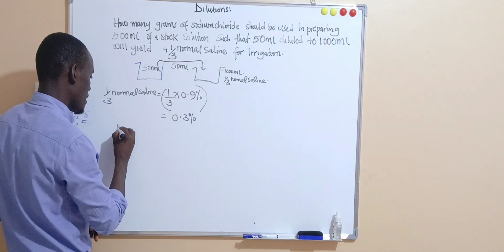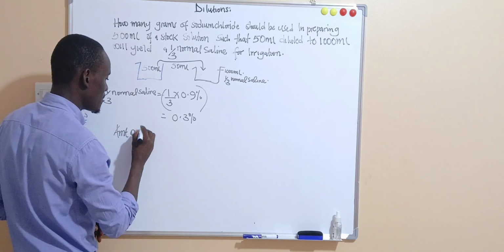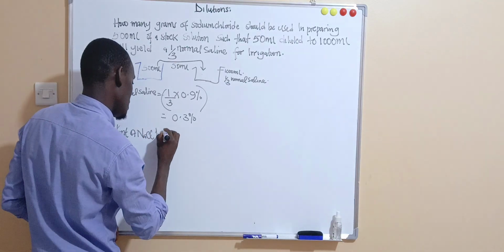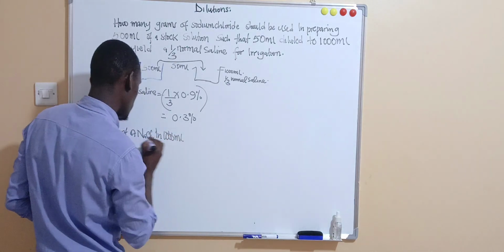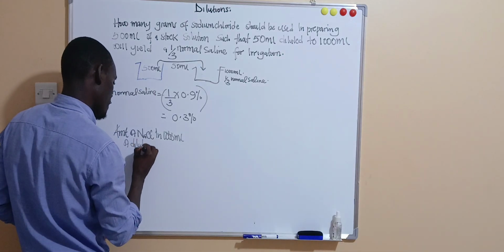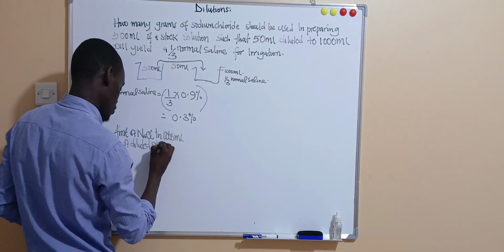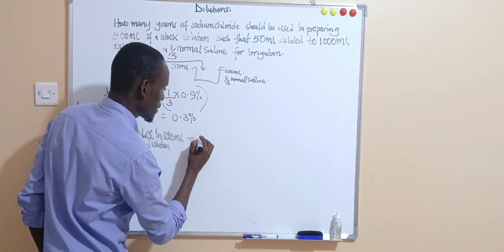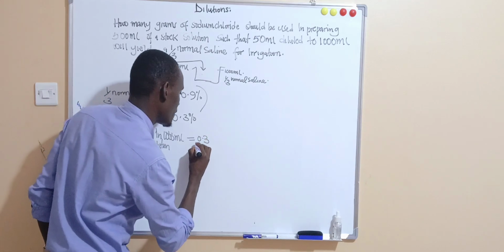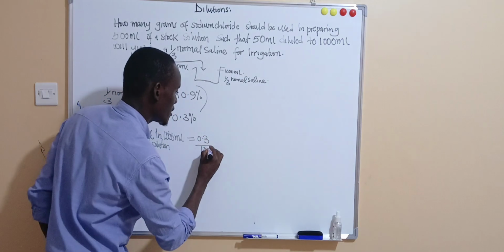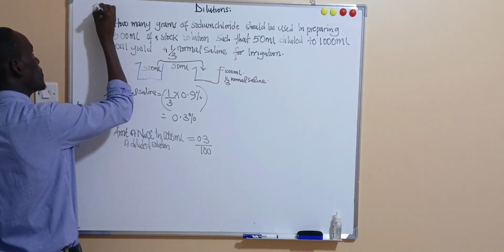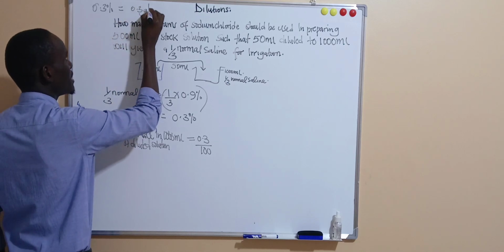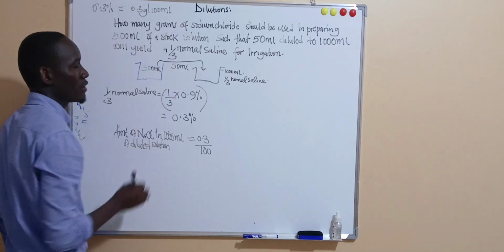So we shall say that the amount of sodium chloride in 1000 mils of diluted solution will be equal to 0.3 out of 100, because 0.3% simply means 0.3 grams in 100 mils of the solution.